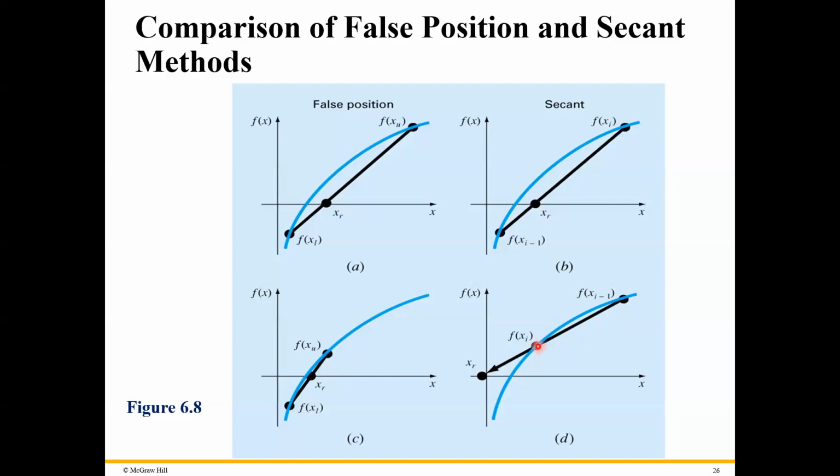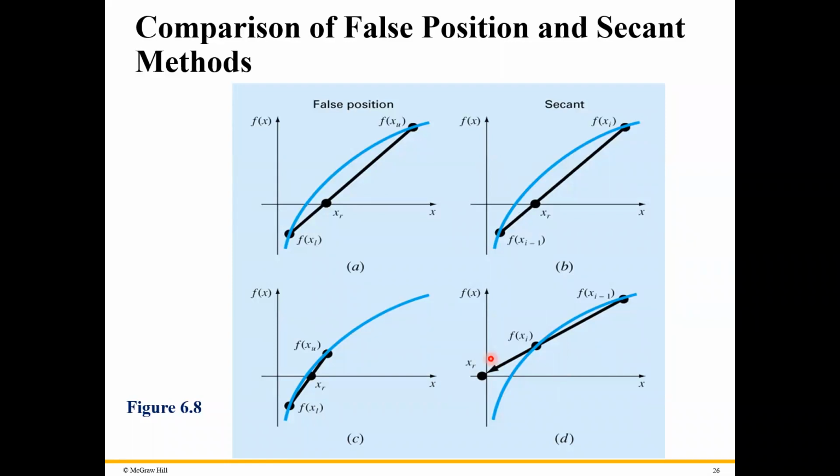So we will take a secant of these two values, and then that secant will project over at this point. In this case, we can see that we are moving away from the solution. So the solution is divergent.